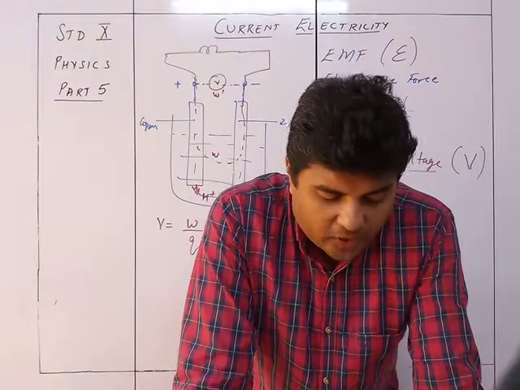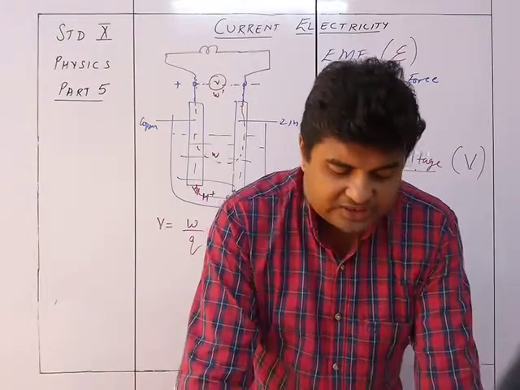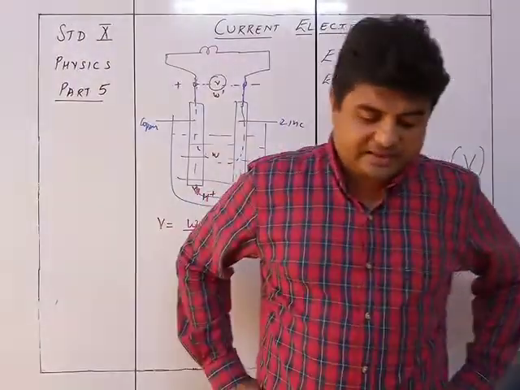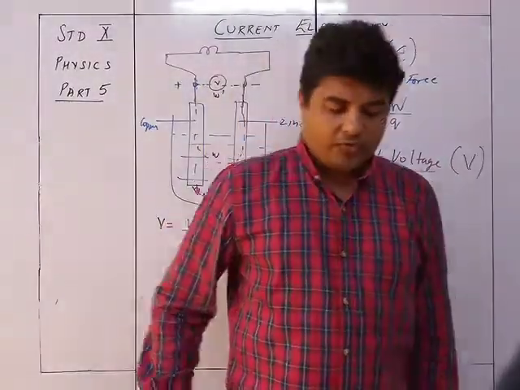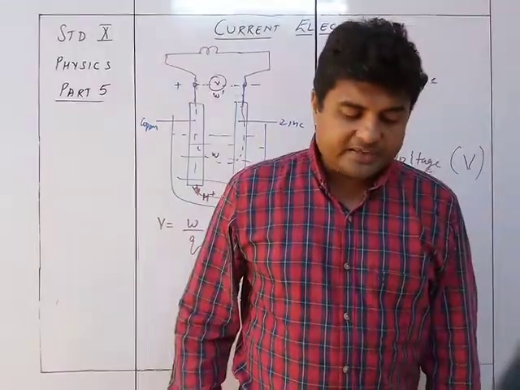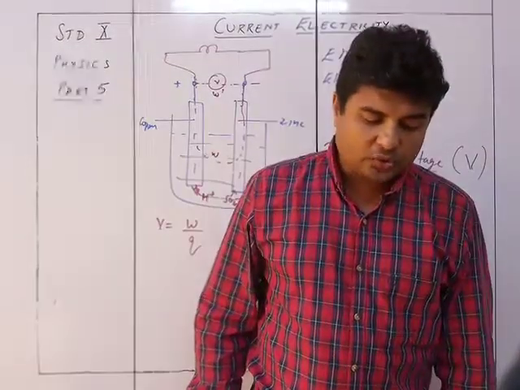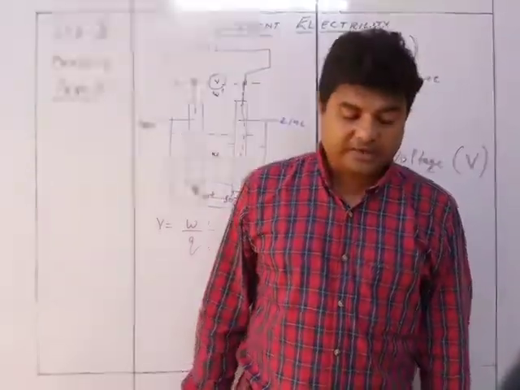Now it flows from anode to cathode in the external circuit, and from cathode to anode inside the cell through the electrolyte, so as to maintain a constant potential for continuous flow. The resistance offered by the electrolyte inside the cell to the flow of current is called the internal resistance of the cell.